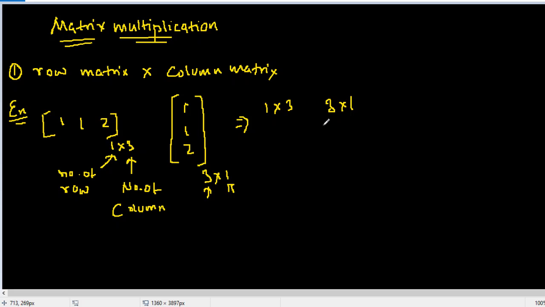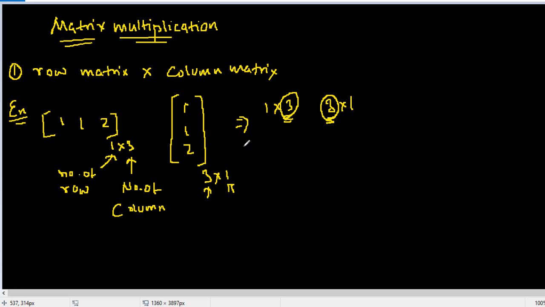Here we can see that this one and this one are the same. So the basic standard condition to multiply two matrices is that the second one of the first matrix and the first one of the second matrix must be the same.